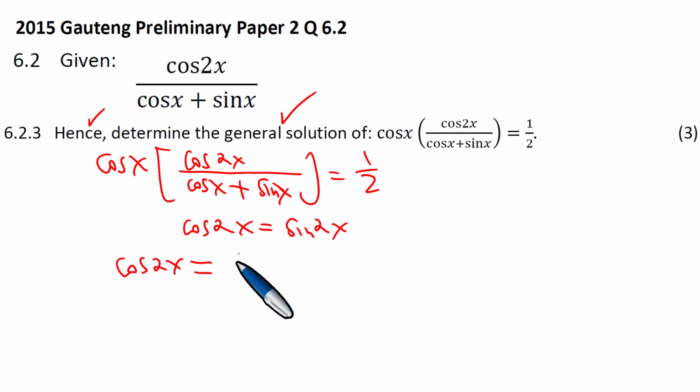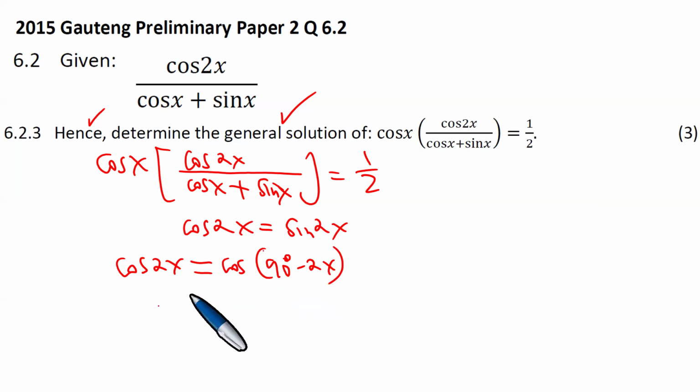Why? Because now when we have the sine, we can change the sine to the cosine. And then we can write cosine of 90 degrees minus 2x like this. Now, when you get this, what do we achieve here? We have the cosine that appears on both sides.